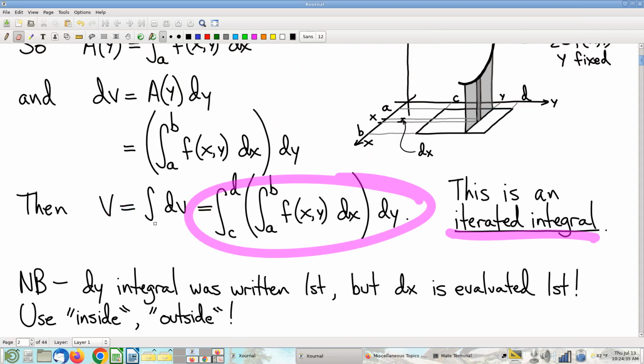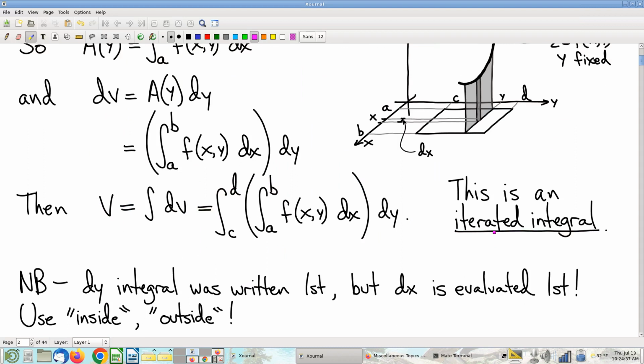Yeah, a little bit of terminology that you do have to be careful with. The very first thing we wrote down here was this integral, right? The dy integral was the first integral that we wrote down. We argued that the volume is an integral of cross-sectional area.